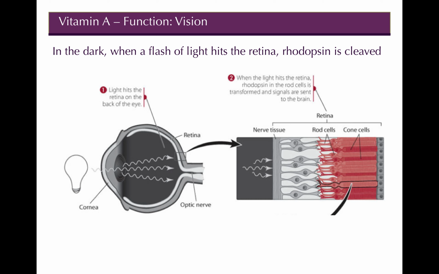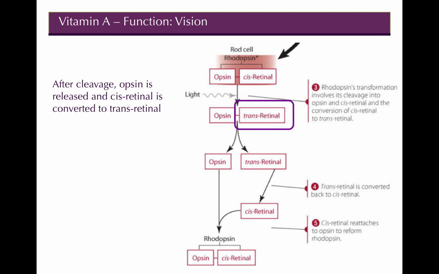In the dark, when a flash of light hits the retina, rhodopsin, that thing that we just made, is cleaved, so it's broken in two. This slide summarizes it a little bit better. So here we have rhodopsin. Remember, that is found in one of the rod cells. Rhodopsin is made out of the protein opsin and then cis retinal.